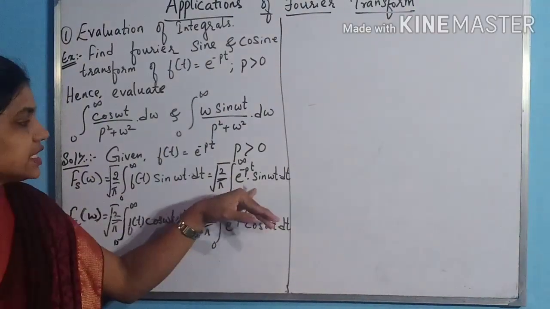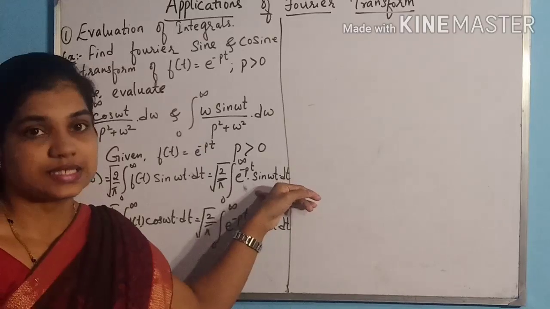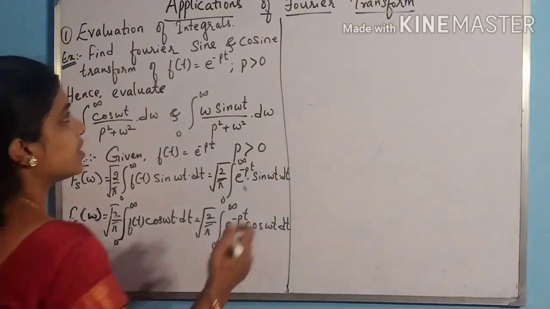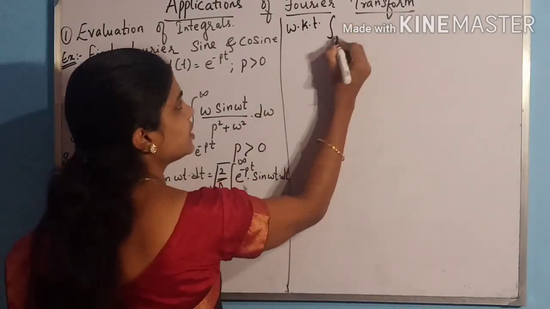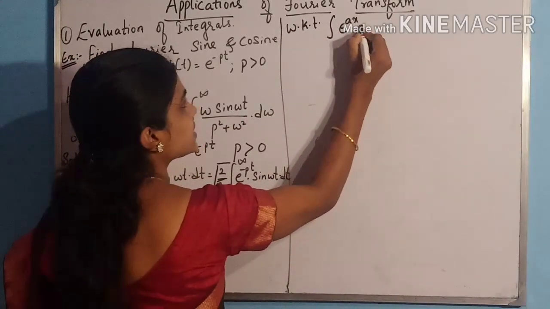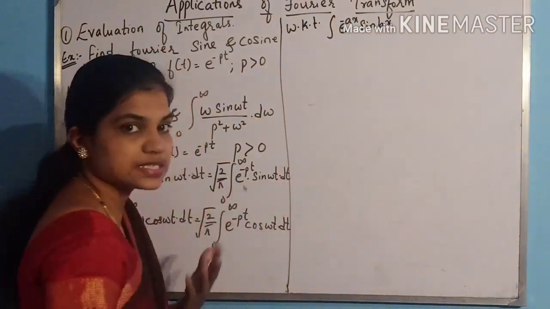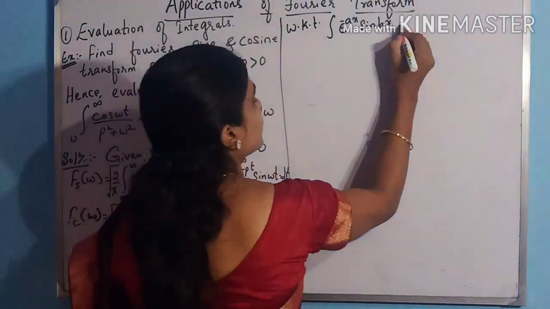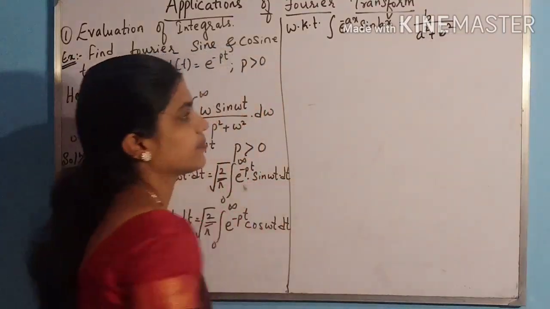What is the integration of e^(ax) sin(bx) dx? We know from the definite integrals that the integration of e^(-ax) sin(bx) is equal to b upon a² plus b².